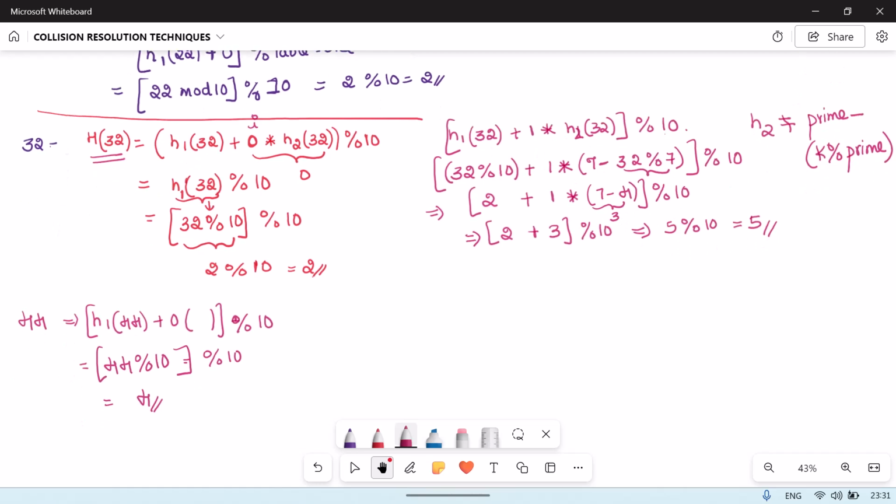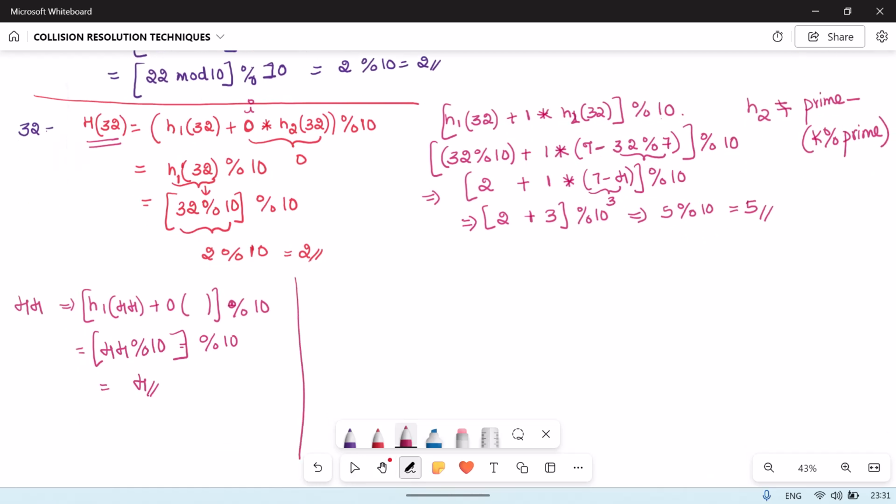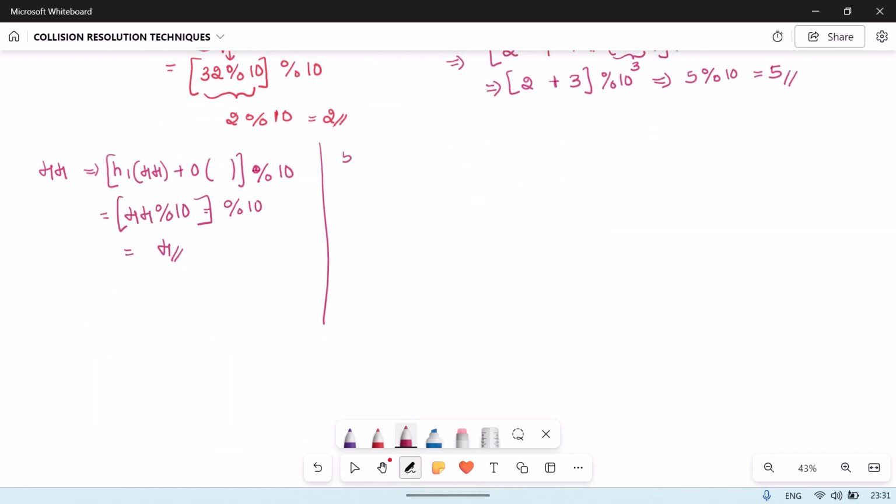When it comes to the next element, 54, initially we'll do H of 54, which is H1 of 54 plus I star H2 of 54, mod 10. 10 is the same table size, right?